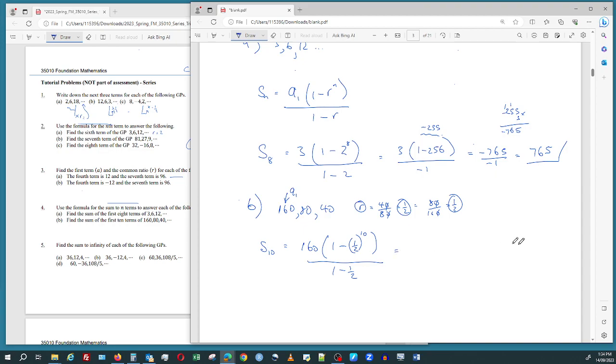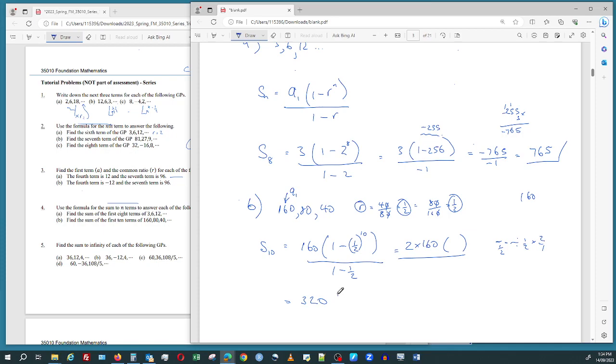So remember, when we divide by a half, we times by 2 over 1. So 160 times 2 is 320. Okay, because 1 minus a half is a half. So that's 320.